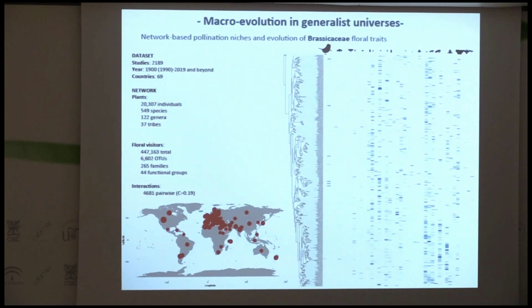Regarding floral visitors, this is the number of floral visits I had in the data set, belonging to this number of taxonomic species or morphospecies from these families, and a huge number of functional groups. Not 20 like before, 44, including birds.